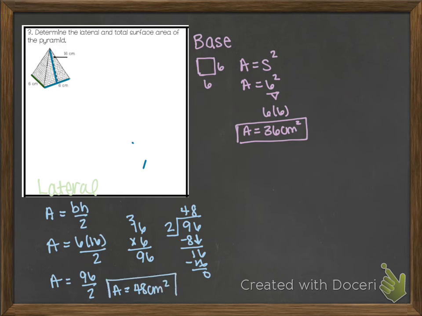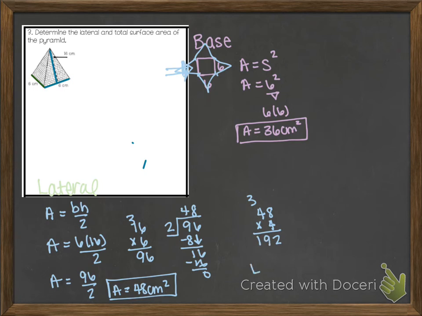Okay, so now we have to determine how many triangles we have. Well, if our base is this rectangle right here, that means we have a triangle going off on all sides. That's going to give us 4 triangles. So I need to take 48 and multiply it by 4. 8 times 4 is 32. 4 times 4 is 16, plus 3 is 19.